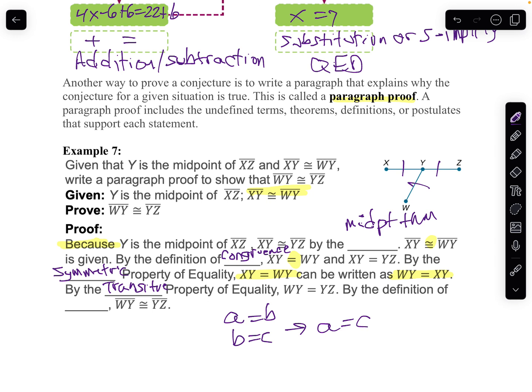You could have just as well said substitution, and that would have been correct. I just wrote transitive down because we haven't talked about it. And then notice I'm changing my equal sign back to a congruence. So by the definition of congruence again, I'm just going to go backwards.